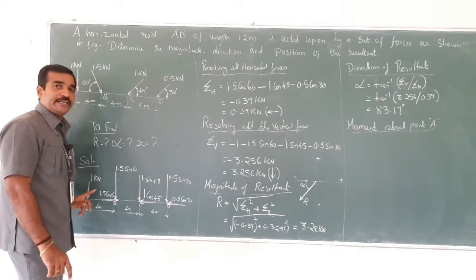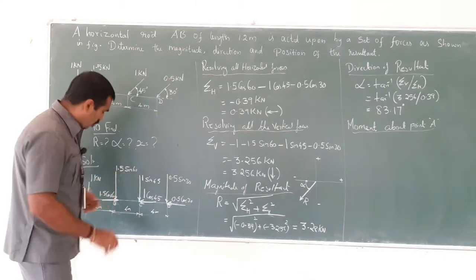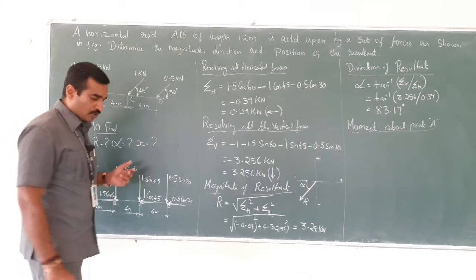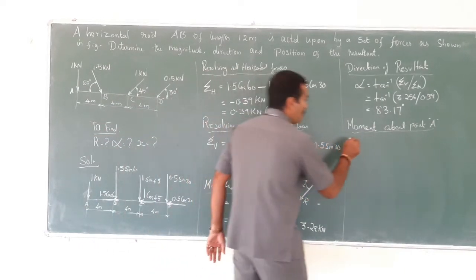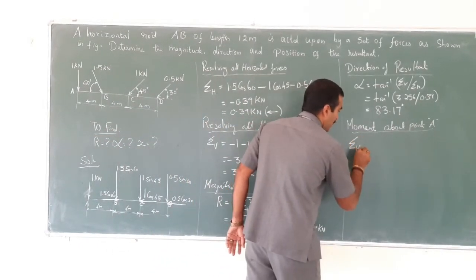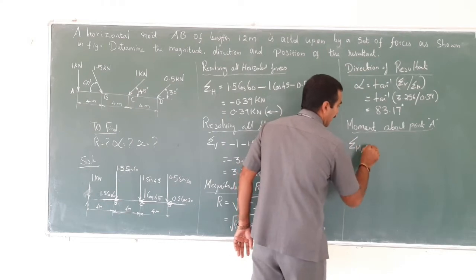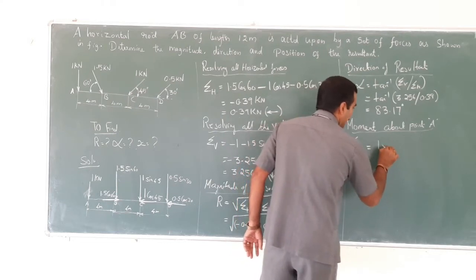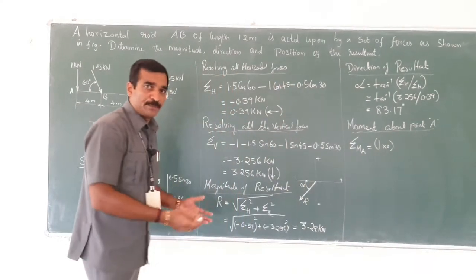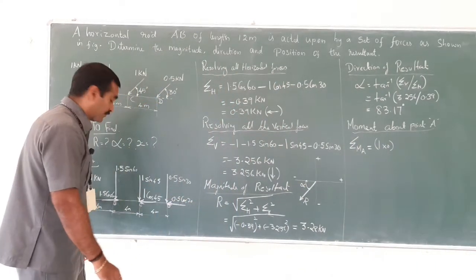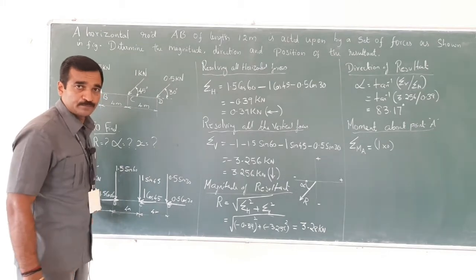But does it have any perpendicular distance? No, because it is acting at the origin, so it will have 0 distance. So sum of moment at point A equal to 1 into 0, that is force into its perpendicular distance. There is no perpendicular distance because it is acting at the origin, so that becomes 0.